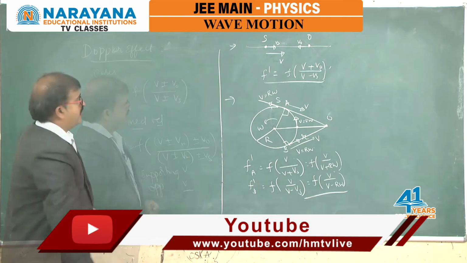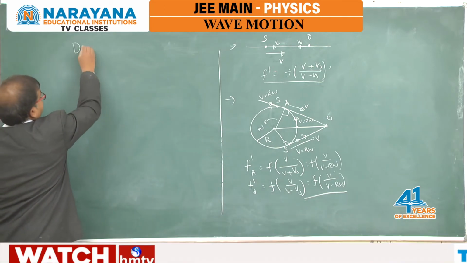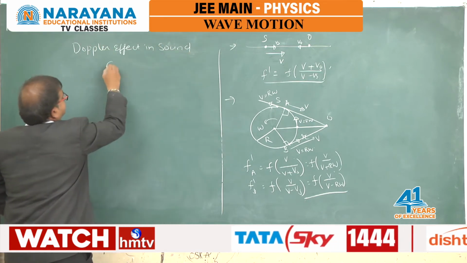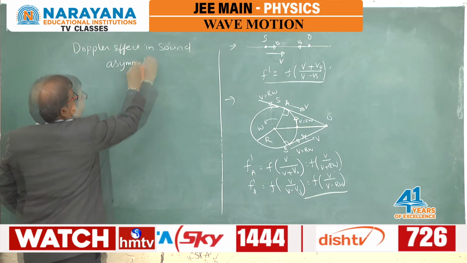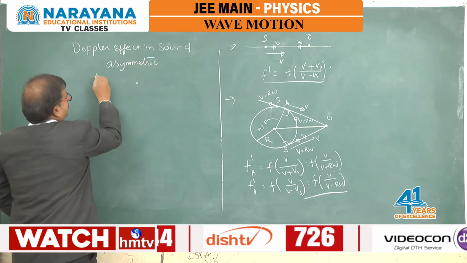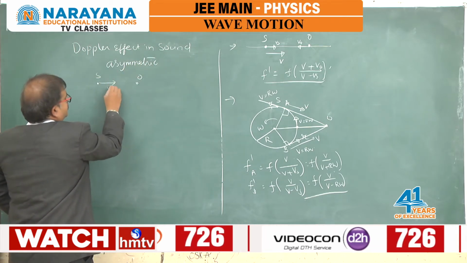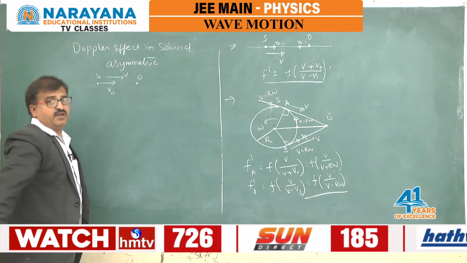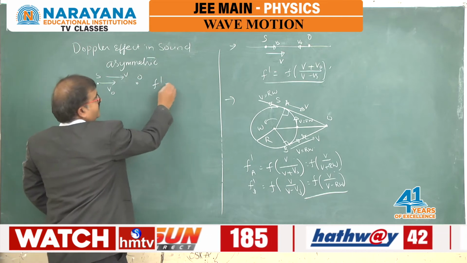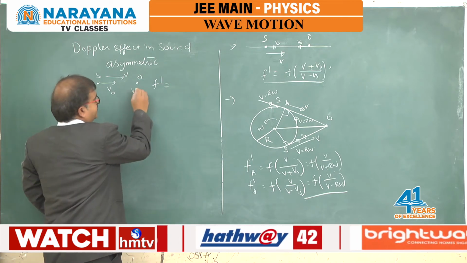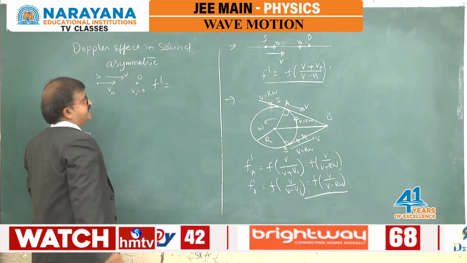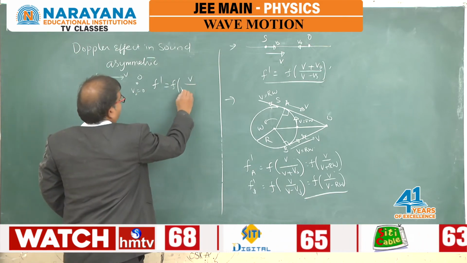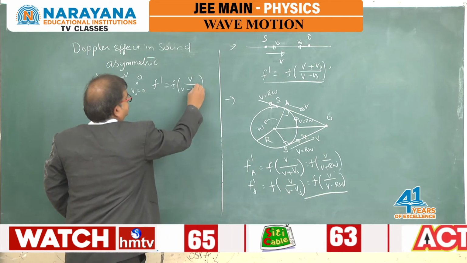Similarly, now the Doppler effect in the case of sound waves is said to be asymmetric. Generally, when the source is approaching towards the observer with the velocity v₀, and the observer is at rest, then f' equals f times v by (v − v₀).